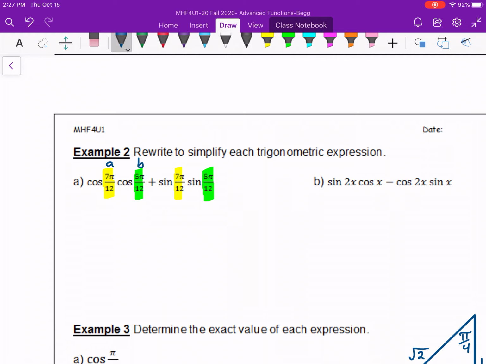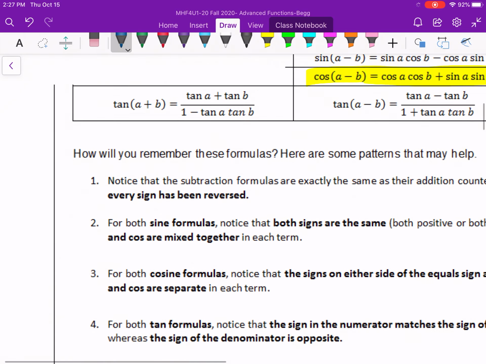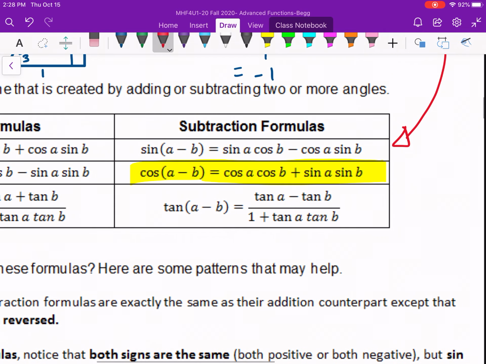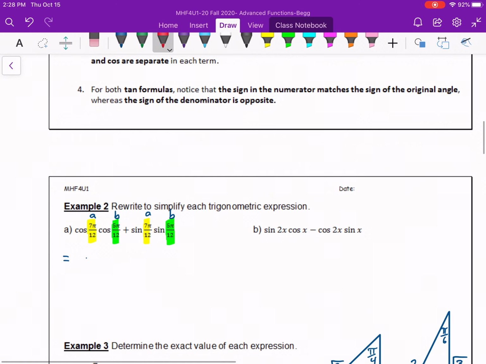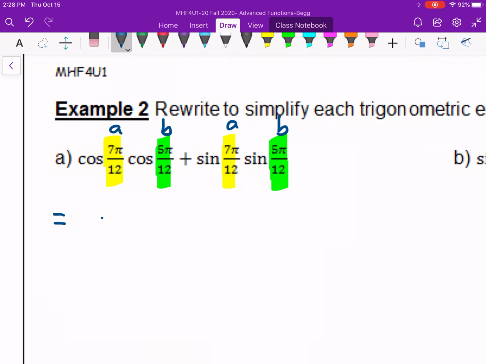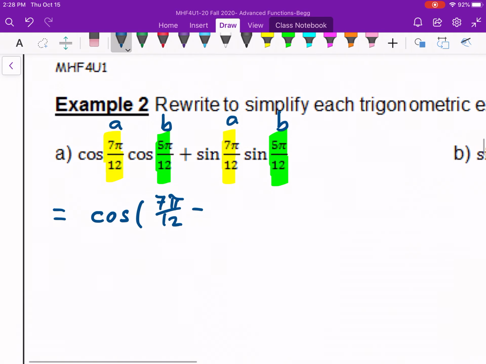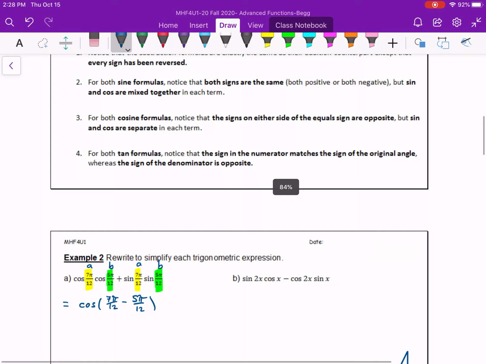A, B, A, B. So to use the formula and go backwards, what was it equal to? Well, it was equal to cos of A minus B. So I can now write it as cos. I know now that it's a cos, and A was 7 pi over 12. And I think it was minus. I said it was minus. I'm sure it is minus, but it never hurts to double check.